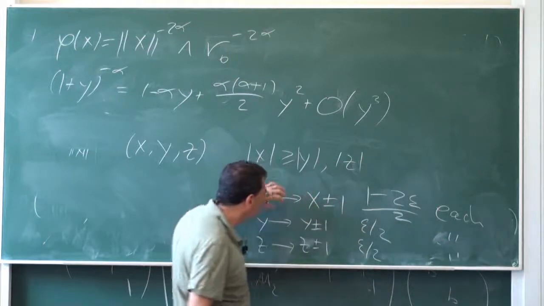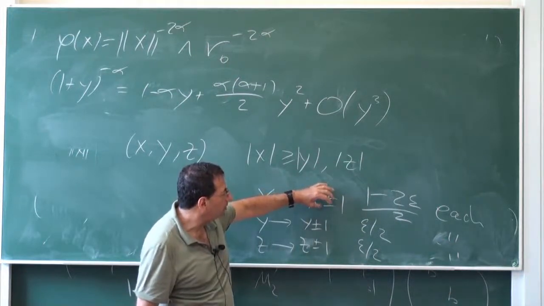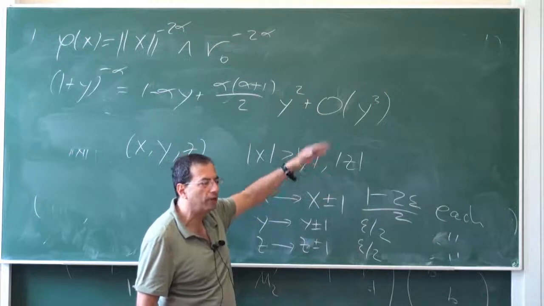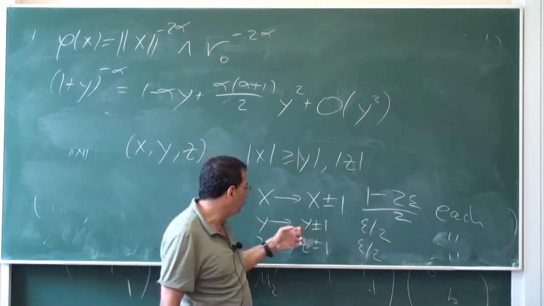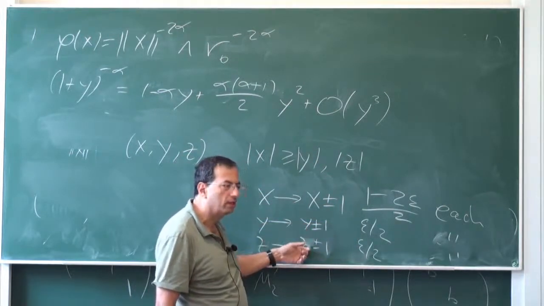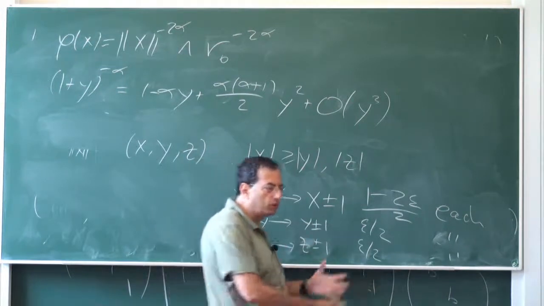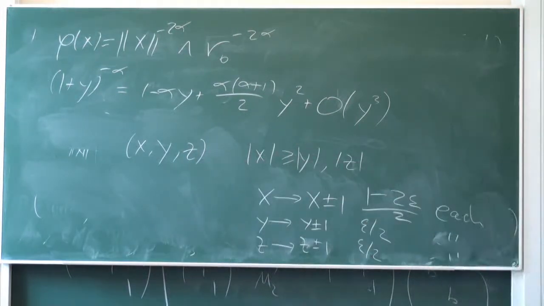Okay, so we take the largest coordinate, and with probability 1 minus 2 epsilon, we move it equally likely up or down. With probability epsilon, we move each of the other coordinates. So this you do in 3, and of course you can generalize it in any dimension. You move the highest coordinate.